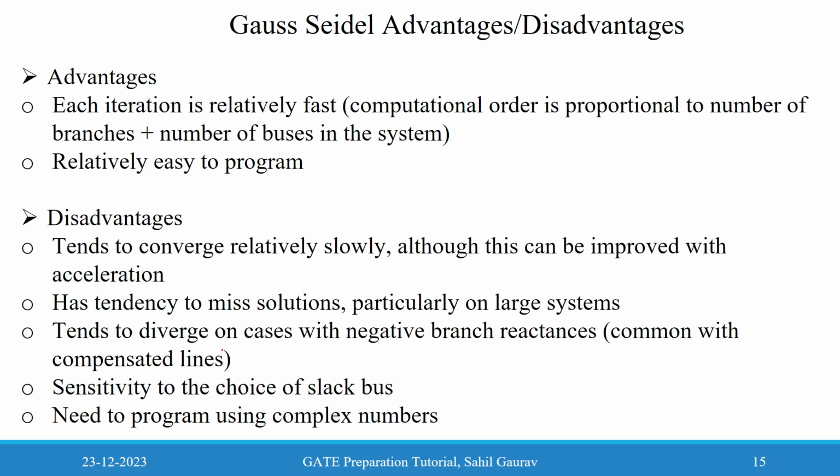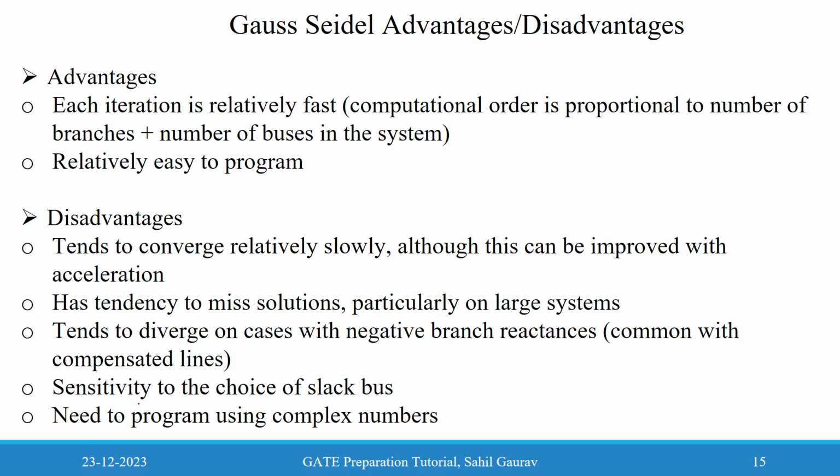Now let's see the Gauss-Seidel advantages and disadvantages. It has advantages like each iteration is relatively faster, computational order is proportional to the number of branches and buses in the system, and it is relatively easy to program. So we do not need a very robust computer or complex processing.